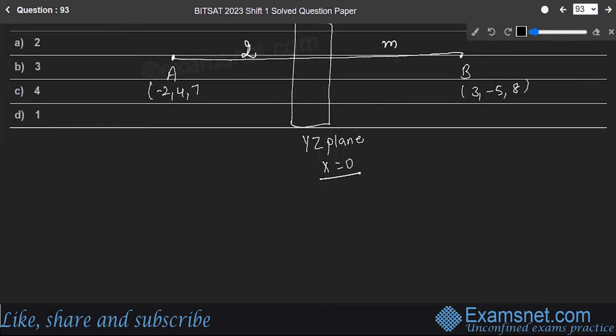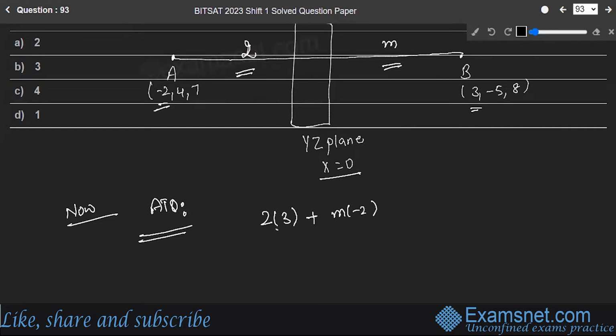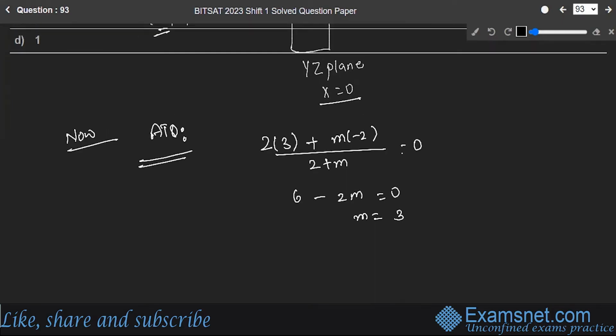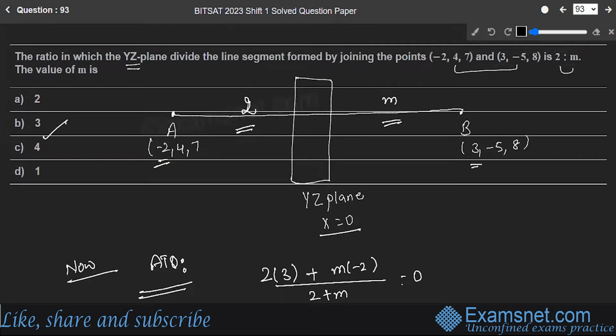So let's go for the X part. 2 into 3 plus m into -2 divided by 2 plus m is equal to 0. This gives me 6 minus 2m is equal to 0, or m is equal to 3. So that's it. You needed to find out the value of m, and it comes out to be 3. You have option B as the correct answer. Hope you got that. Next question number 94.